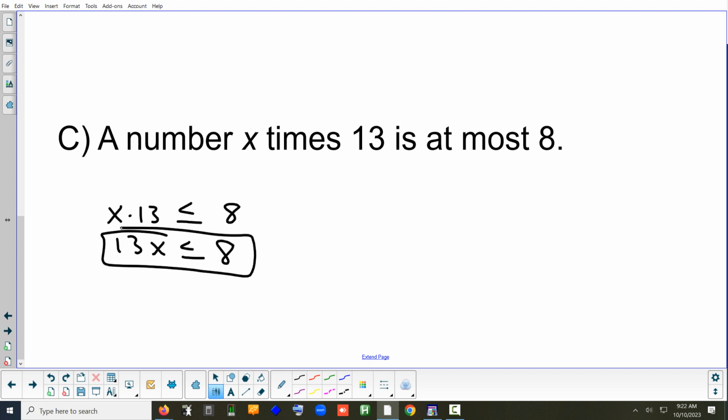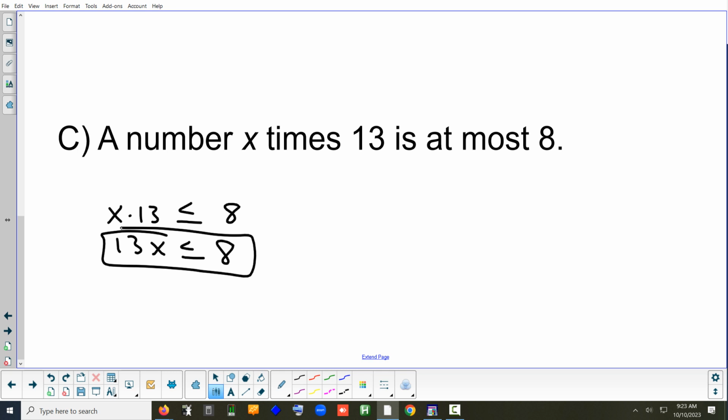No. So usually when you write a letter times a number, we put the number in front and make it the coefficient. There's nothing wrong with putting it after the x because that's how the sentence was written. But I would say that's more typical to do 13x rather than x13. Okay. Any other questions on it?